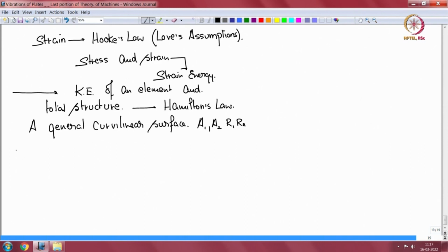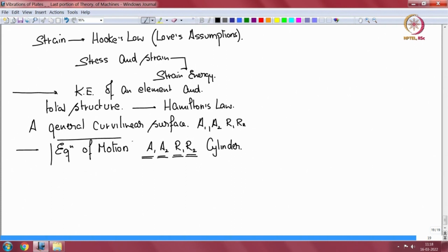Once Hamilton's law is applied and we get our equations of motion, then if we substitute A1, A2, R1, R2, suppose related to a cylinder, out will come equations of motion particular to a cylinder. And if we substitute these parameters that are meant for a circular plate, then out will fall the dynamic equations of motion for a circular plate. So these are very general equations in that sense. So we will follow that process.